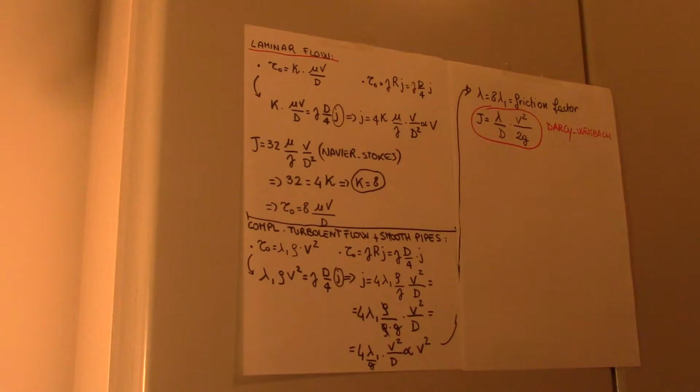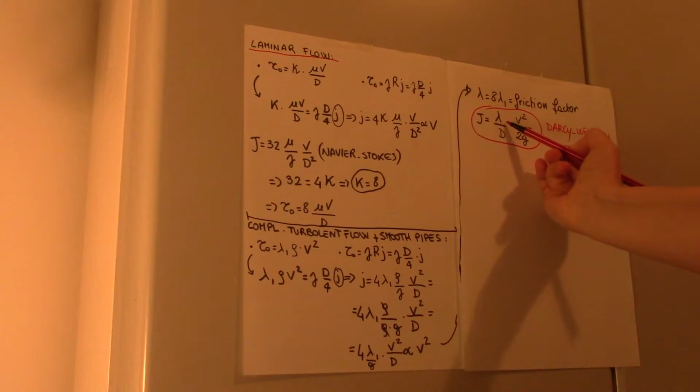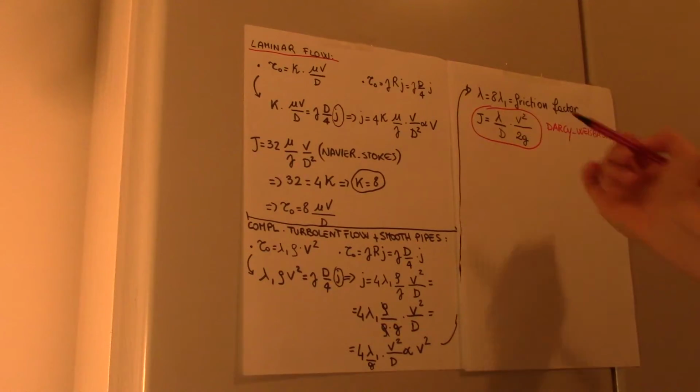And in particular, let's observe that this shows a dependence of J on the friction factor lambda. So it follows that to know J, to know your hydraulic gradient, you must know the friction factor.